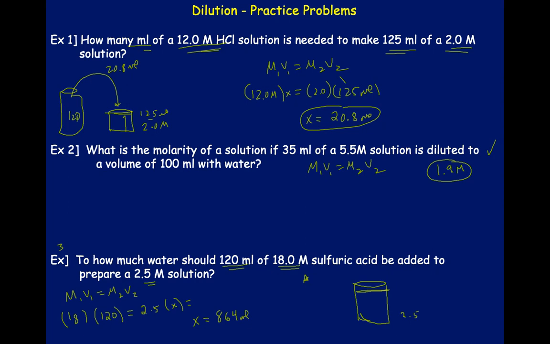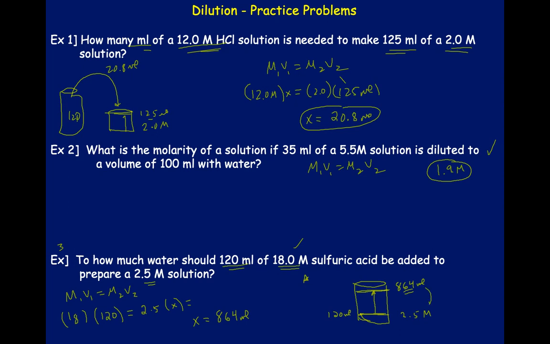So basically, I want it to be 2.5 molar. That's what I want. I'm starting with 18. The final volume has to be 864 milliliters. And I only have 120 milliliters in the beaker sitting here. So how much do I need to add to get to 864?